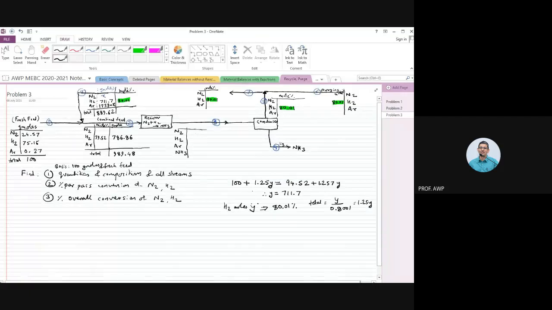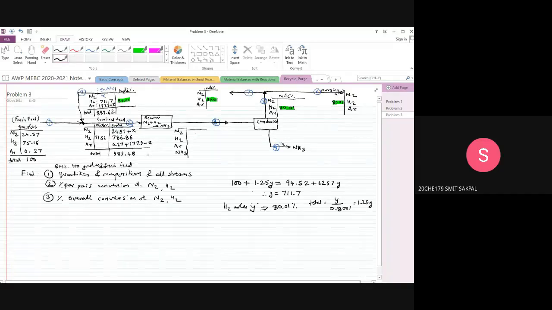Now if you write a balance for this point, stream number 1 and stream number 8 are mixing to give you stream number 2. So the gram moles of nitrogen would be 24.57 plus X. Gram moles of argon would be 0.27 plus 177.9 minus X. Is that okay?